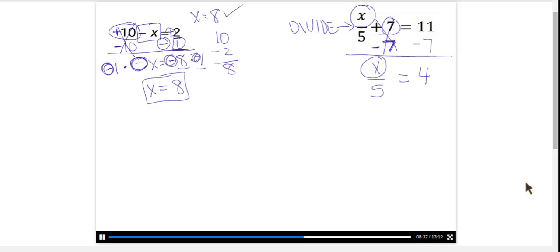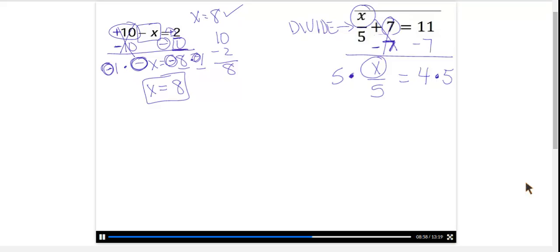So I need to think about some number divided by 5 gives me 4. Well, can't I find that number if I multiply 4 by 5? Because that number divided by 5 would give me 4. So I can multiply both sides by 5. Okay?